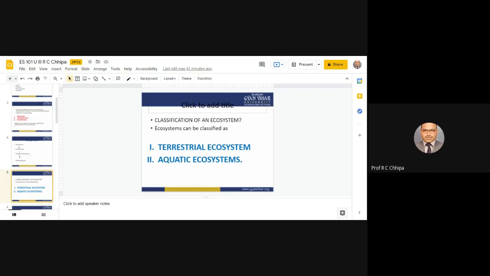So naturally they also form a system. For example, human beings, we are part of the terrestrial ecosystem. We form a colony, a district, a campus.